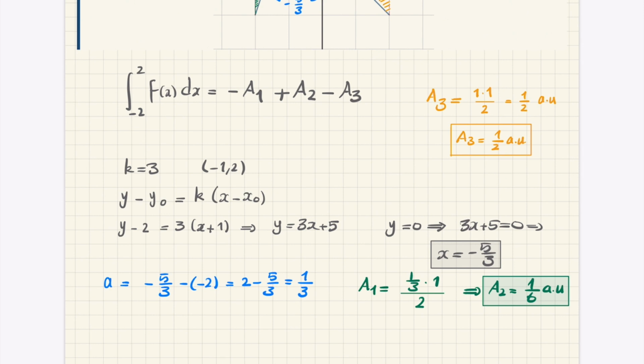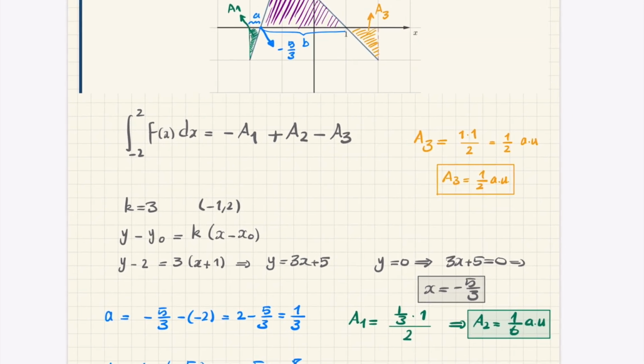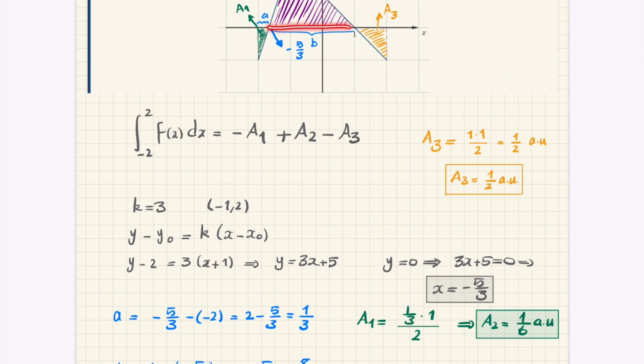B is 1 minus -5/3, so it becomes 1 plus 5/3, and it becomes 8/3. So this is the length of B. This triangle is not a right angle triangle, but this is also simple because I know the height. The height is 2 units, and the base I just calculated is this.